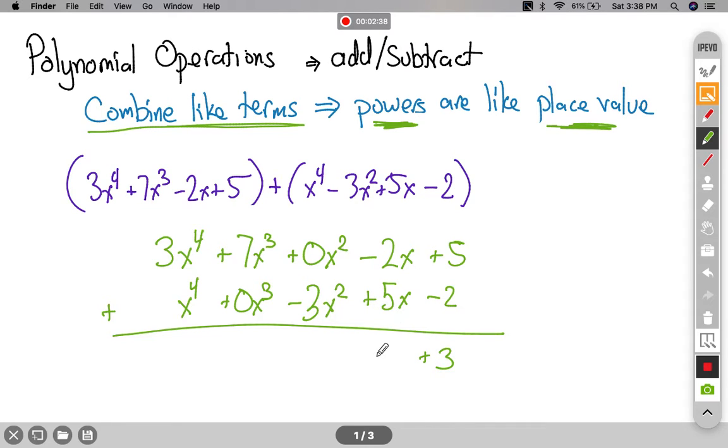Negative 2 plus 5 is going to be 3, and that's an x value. I got a 0 minus 3, that's a minus 3, or negative 3. That's in my x squareds. 7 plus 0 gives me 7x cubed. And 3x to the fourth plus 1x to the fourth is 4x to the fourth.